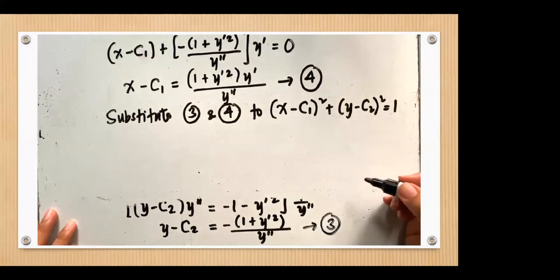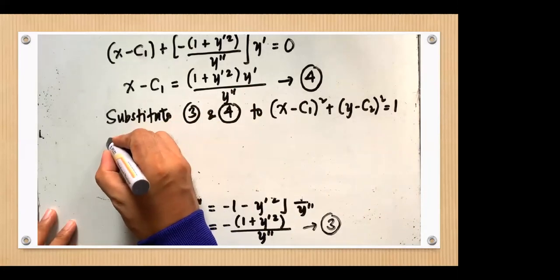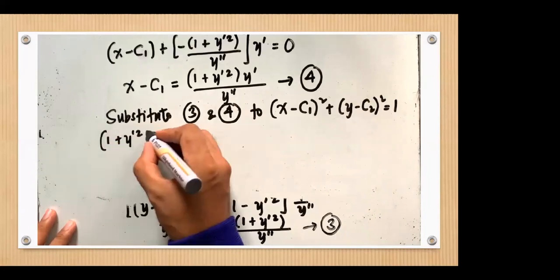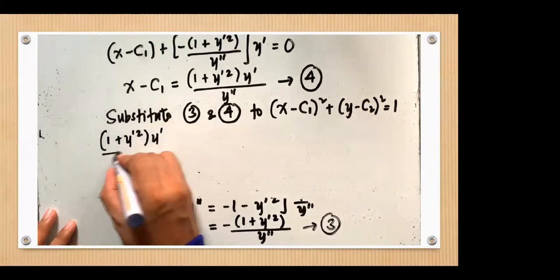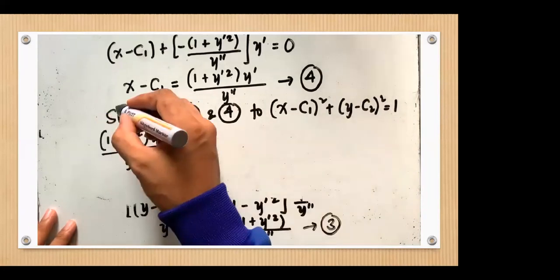Okay, now I will plug in all the values from equations 3 and 4 to this given problem. So I have x minus c sub 1 is equal to 1 plus y prime squared times y prime all over y double prime. So don't forget, raised to 2 yan.